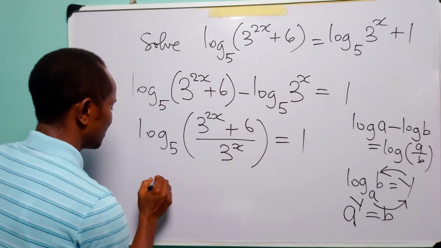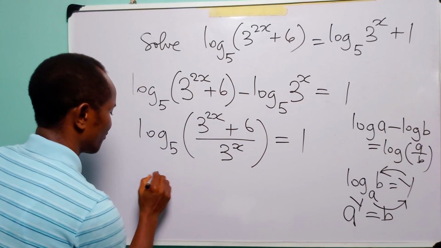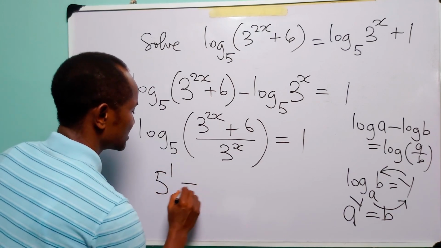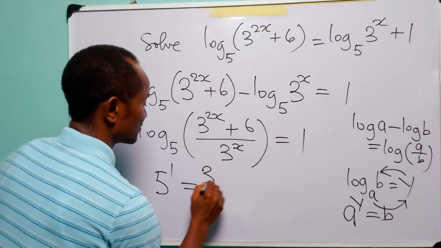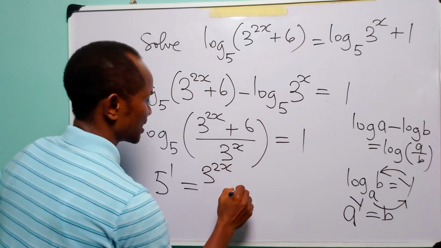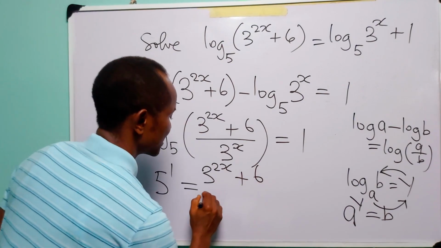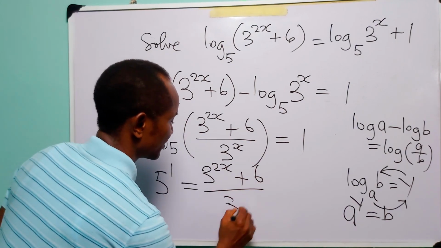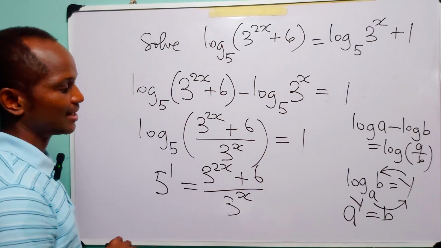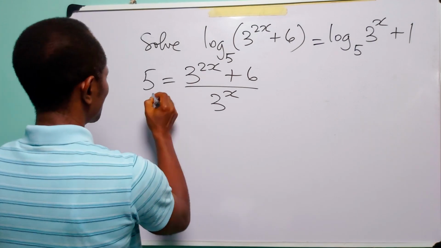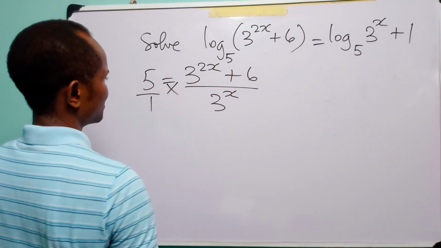That is, 5 to the power 1 is equal to 3 to the power 2x plus 6 divided by 3 to the power x. Now, of course, from here, we can cross multiply.